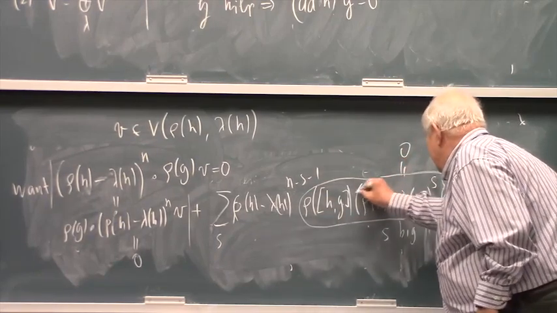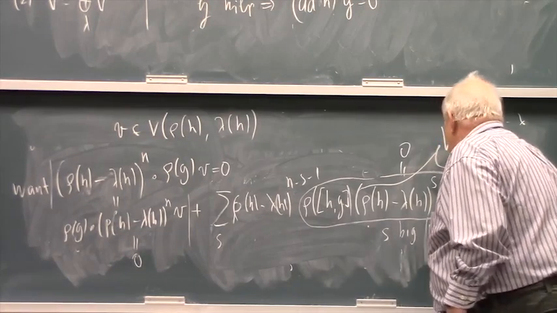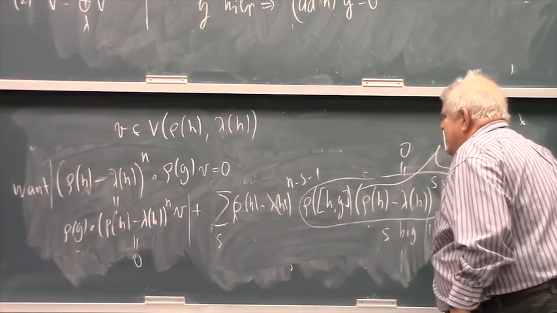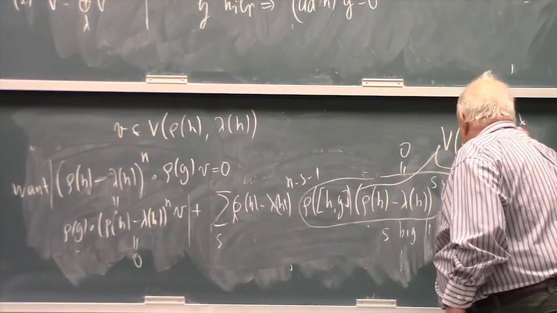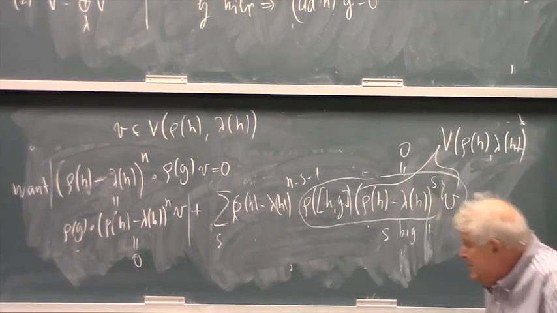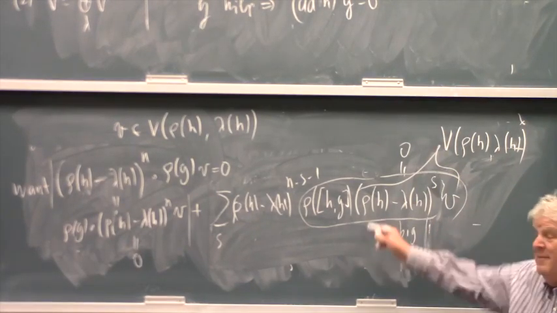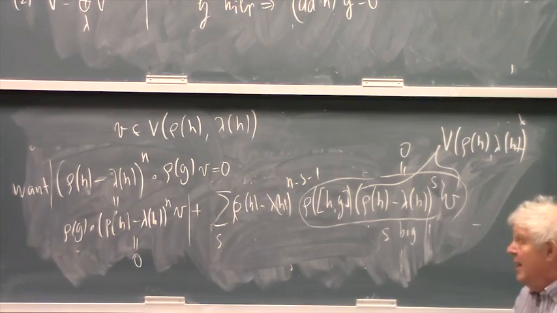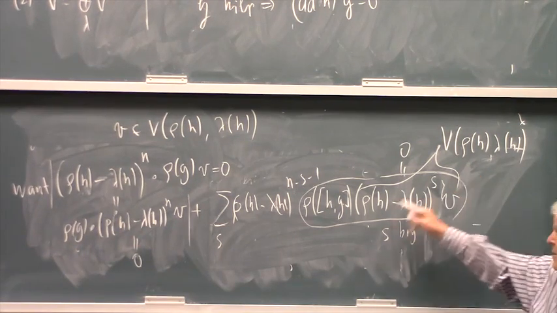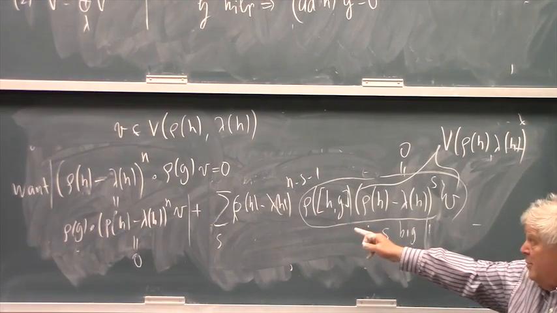This thing, whatever you wish, will be still in V rho of H lambda of H, right? If you apply this several times, this still will be annihilated by a sufficiently big power of this. And we take this element, we can denote it somehow, and we apply it to this, not rho of G now, but rho of the commutator.